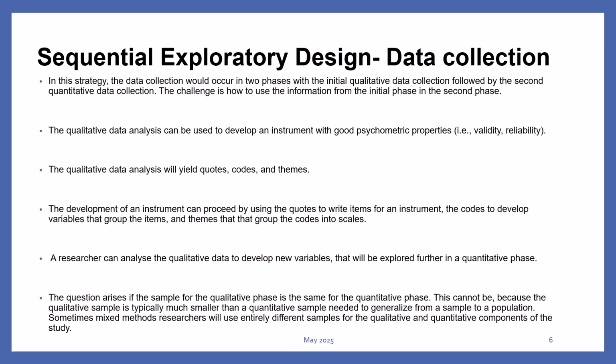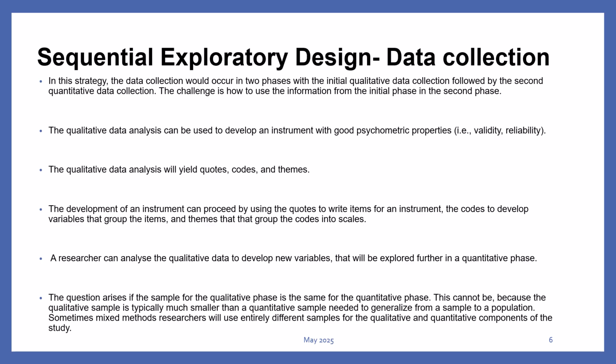An important aspect in this context is whether the sample for the qualitative phase is the same as for the quantitative phase. This cannot be, because the qualitative sample is typically much smaller than a quantitative sample needed to generalize from a sample to a population.